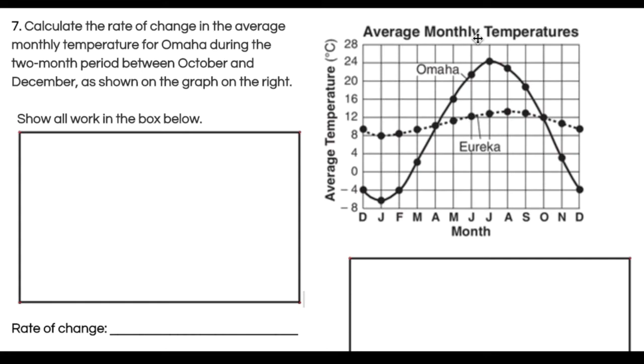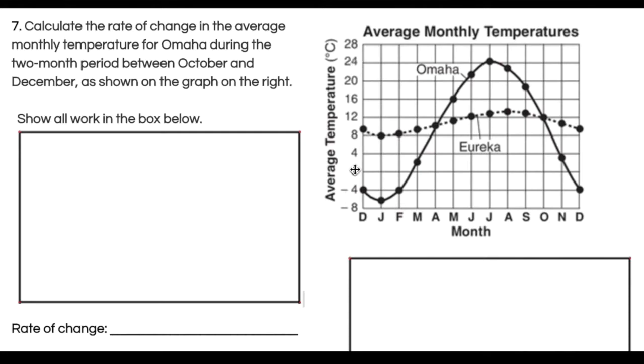So here we have the average monthly temperature. By looking at this graph, we see that at the bottom we have the months, starting with December, January, February, March, all the way to December. And on the left, the y-axis, we have the average temperature. This is in degrees Celsius, by the way, so that's really going to be important. Notice that we go from 0 to 4 to 8 and then 12. So it looks like each square goes in a set of 4.